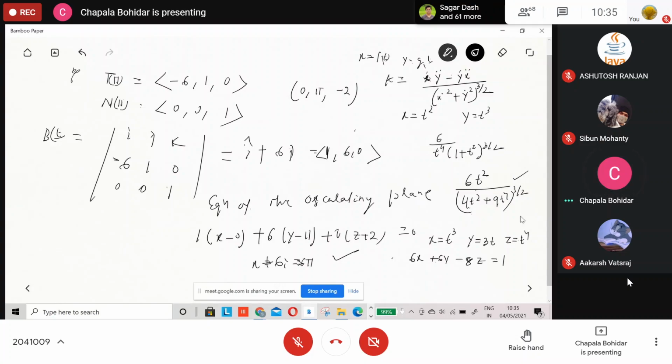What will we do here? Try yourself. At what point on the curve is the normal plane parallel to the plane 6x plus 6y minus 8z is equal to 1?